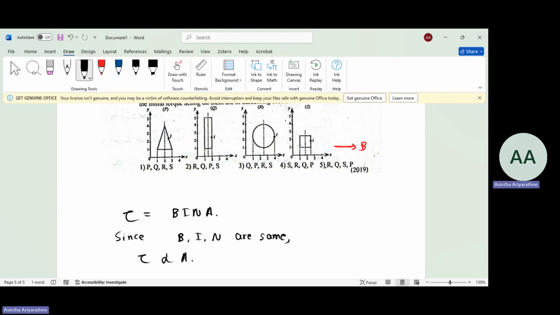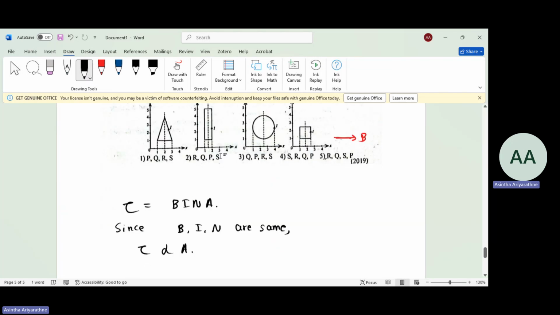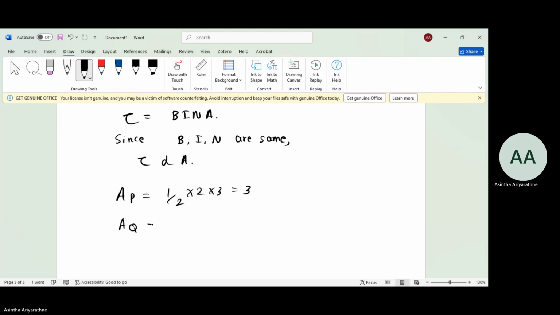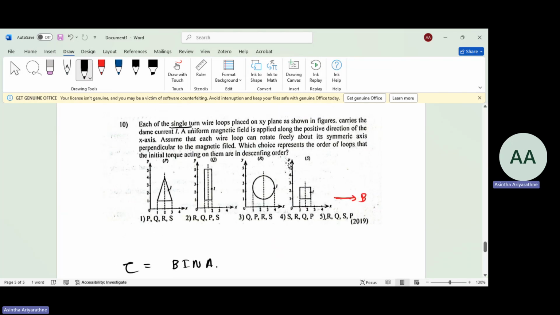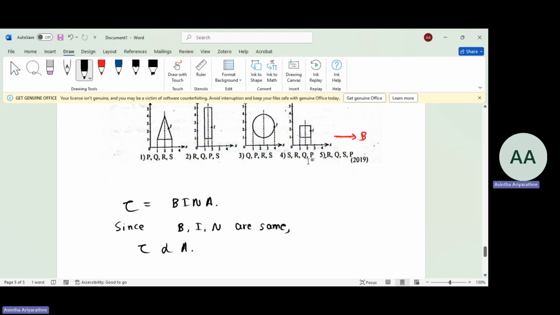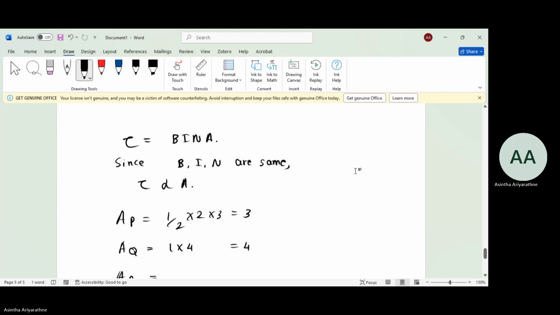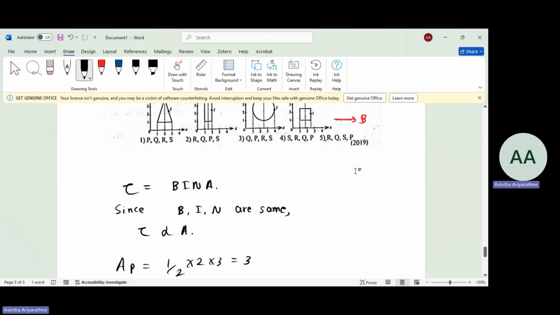The area of P is half into half. The area of the second one, Q, is 1 into 4. The area of the next one, R, is pi r squared, where r is 1.5.